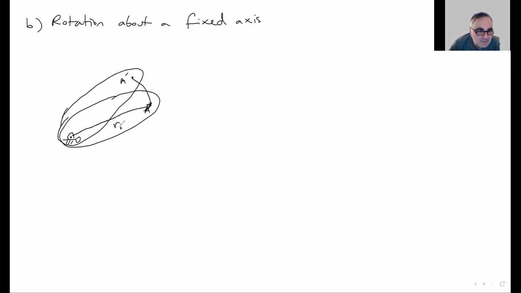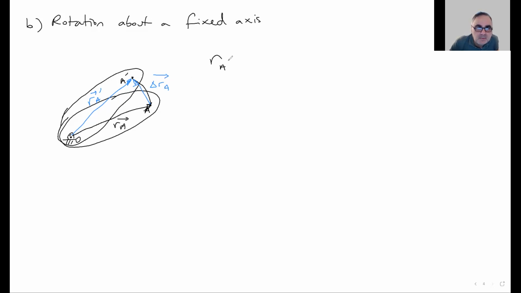this vector is RA. Or we can write the following.